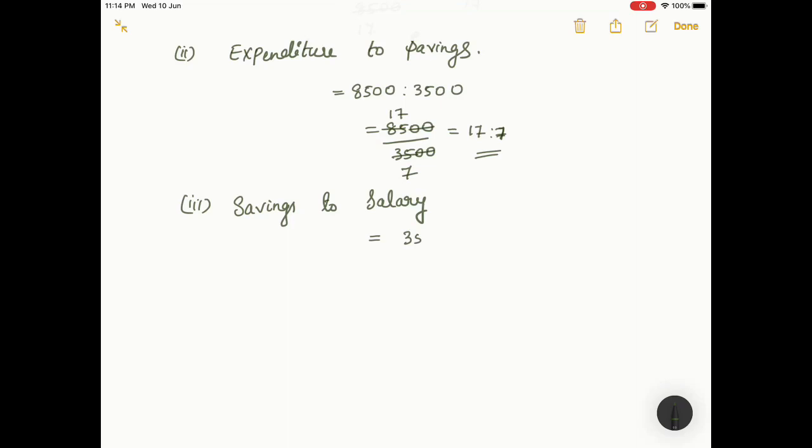So, savings is given first. 3,500 is to 12,000. It's equal to 3,500 by 12,000. Again, 5 goes 7 times. 5 goes 24 times. So, you get 7 is to 24. Okay. So, hope it's clear to you all.